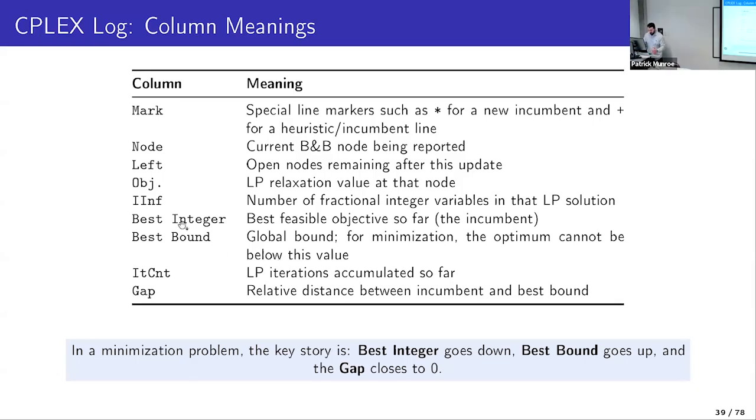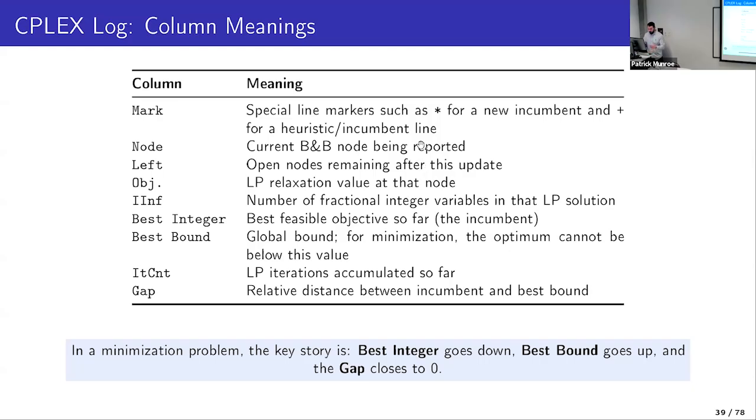Another important thing is the plus, which tells you that a heuristic found a new incumbent. Even if you don't tell CPLEX that you want to use heuristics, by default it will run some, and you'll see that there are parameters we can change to determine whether we want to use more or less heuristics during the branch and bound.